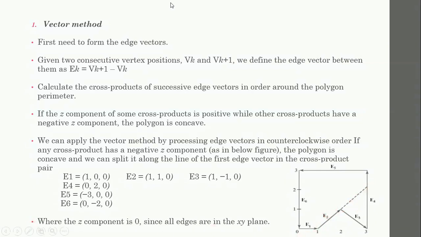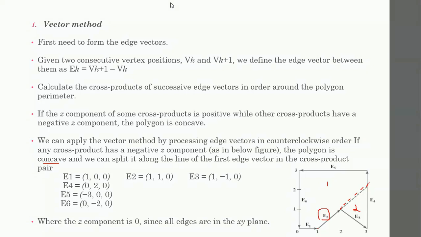We have extended the e2 edge here, because e2 cross e3 was yielding a negative z component. Whenever you extend it, you get exactly two regions, your polygon is split. If you split the polygon in this manner, then we conclude that it is a concave polygon.